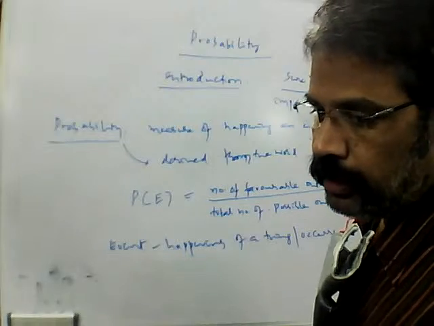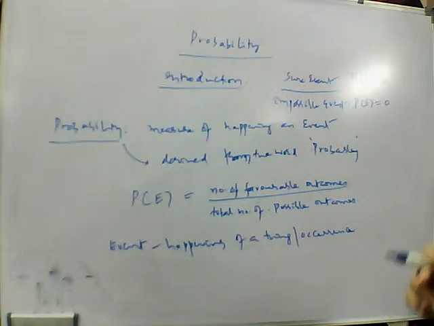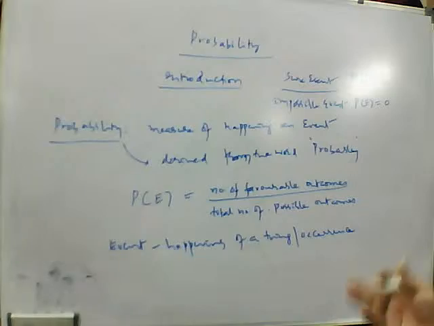Whatever other probability is neither a sure event nor an impossible event, that is called a probability of equally likely outcomes. Equally likely outcomes are those where there is a chance of any of the events happening equally.